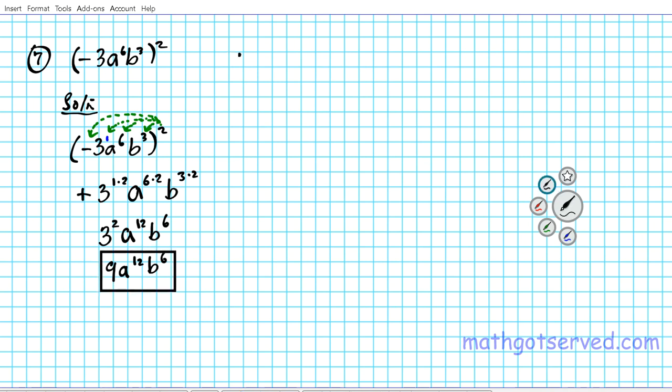Alrighty, let's move on. Question number 8. What if you have the monomial -6x to the 6th, y to the 7th, raised to the 2nd power? Let's go ahead and solve that.